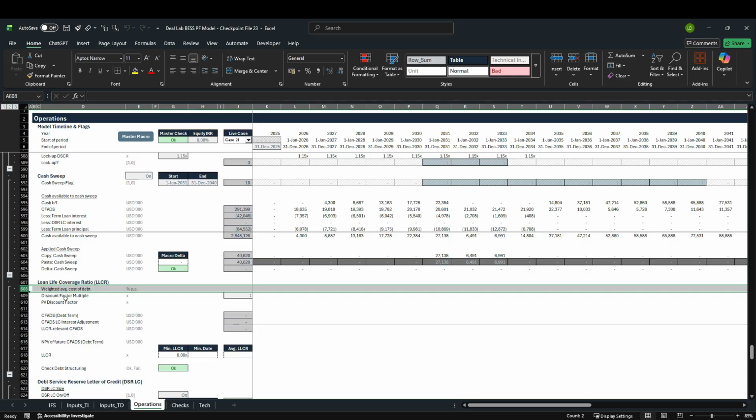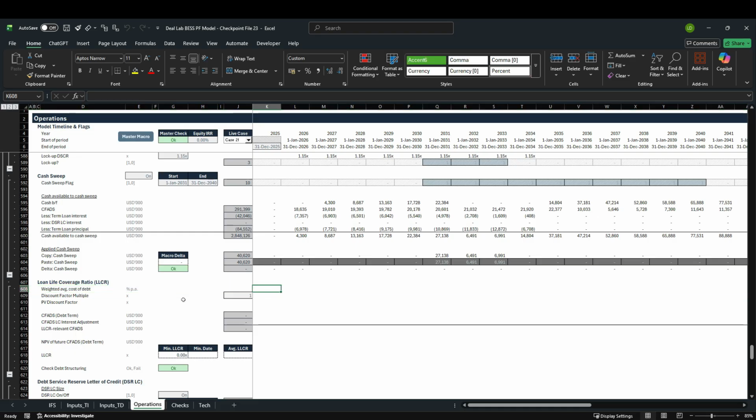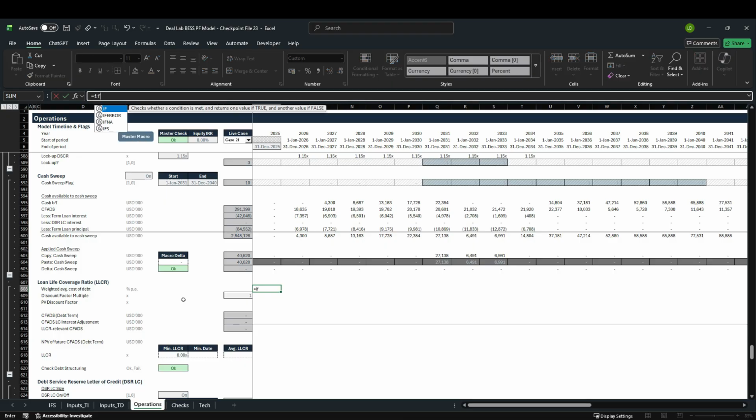And we could either pull in our all-in interest rate right here in row 608, or instead we can back solve our weighted average cost of debt by actually taking our interest expense and dividing it by our term loan outstanding. So to do this, we will implement an IFERROR statement in case we divide by 0.